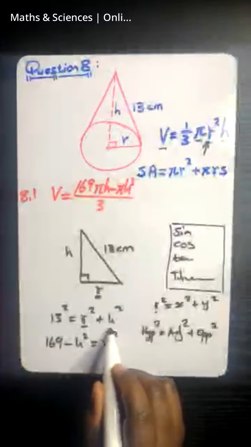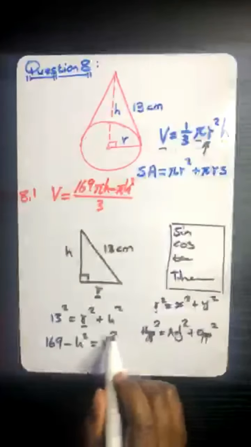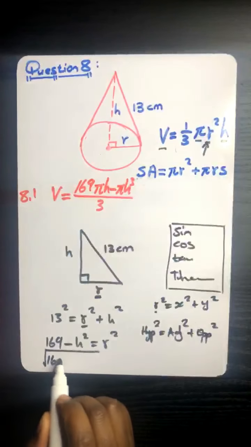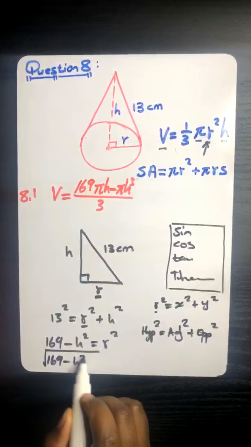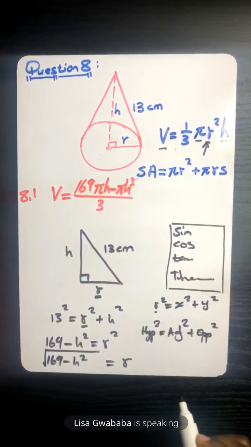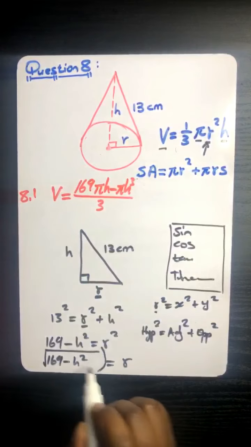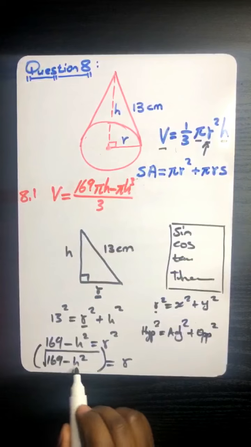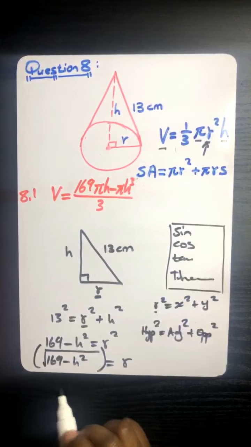Maybe let's just remove that squared. If we remove it, we introduce a square root, isn't it? Do you guys agree with me on that one? Yes, sir. So now we have our r in terms of just a number and h.